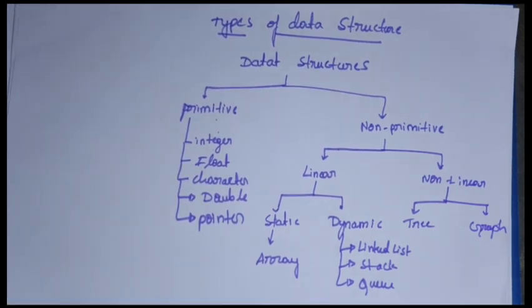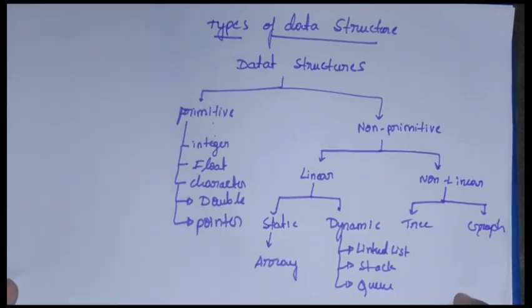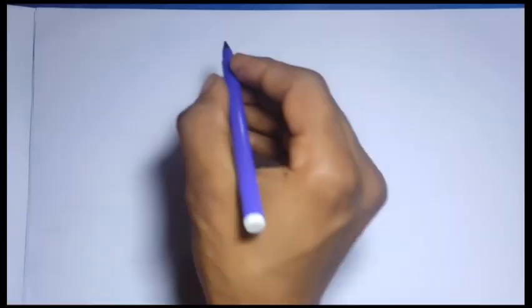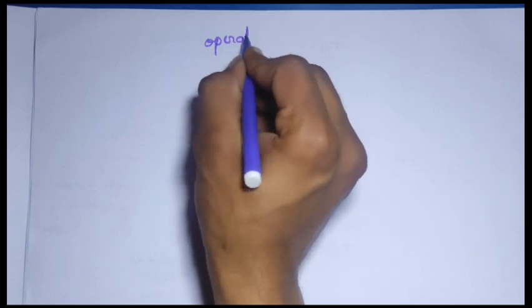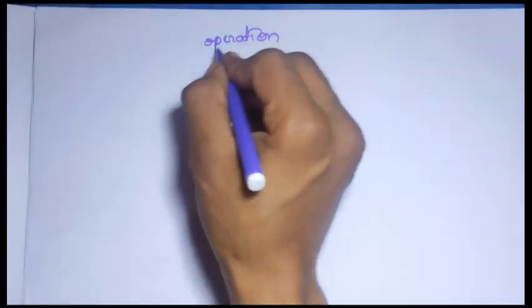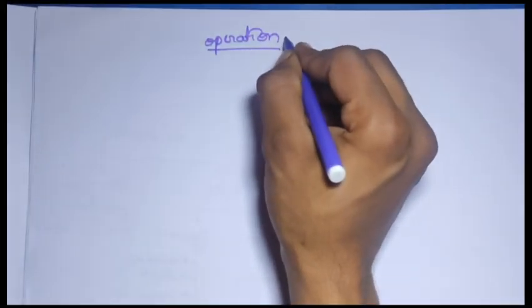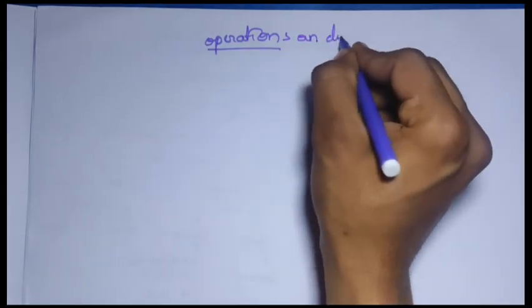Okay, we next move on to the operations on data structure. What operations can be done on a data structure? There are several operations associated with data structure that are used for manipulating the stored data. When defining a data structure, you also need to define the associated operations. These are some of the operations performed on a data structure.